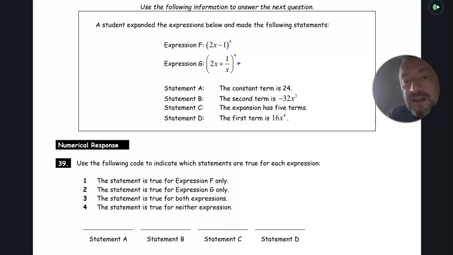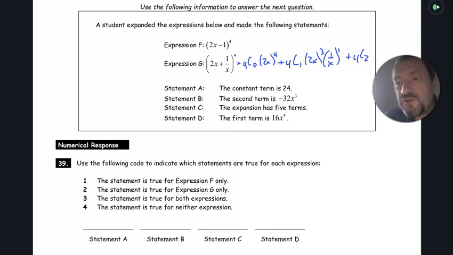So if we start expanding this out, we're going to get 4 choose 0, (2x)^4, (1/x)^0, plus 4 choose 1, (2x)³, (1/x)^1, not quite, plus 4 choose 2, (2x)², (1/x)². There it is. Okay, so right there we're getting the x's to cancel out here.